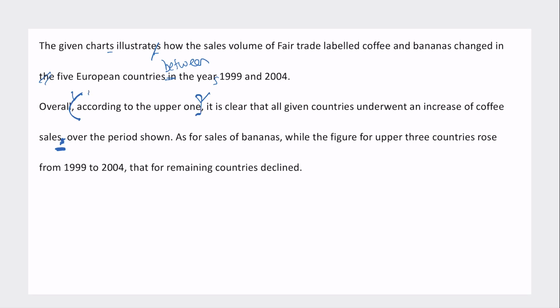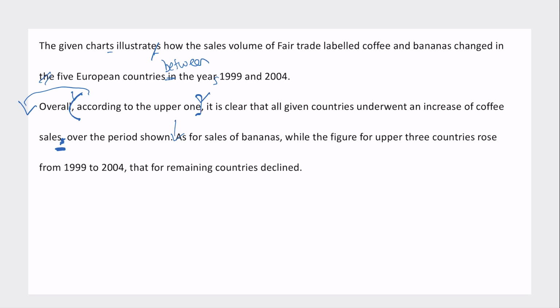So we could say, according to the upper one, overall it is clear that all given countries, okay, we could even move this to the end. Overall, it is clear that all given countries underwent an increase of coffee sales over the period shown according to the upper table. Okay, so it's a clause because it can be moved around the sentence without changing the meaning of the sentence. So that's why we bracket it with some commas, and that's why we need a bit of a pause.